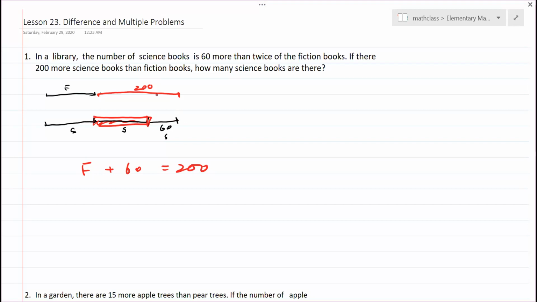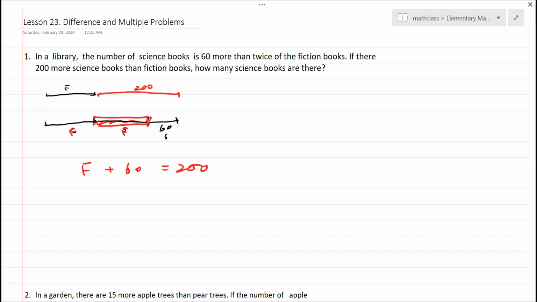So in the whole line for the science books, you mark one section as fiction plus 60. Then you look at the second sentence, the 200 more science books. That means the total number of science books is the number of fiction books plus 200.